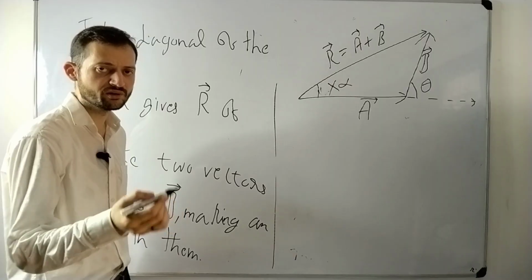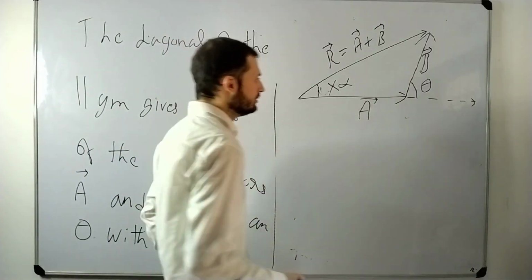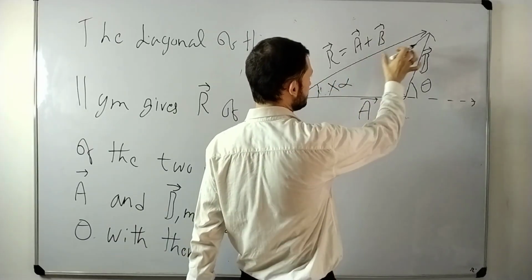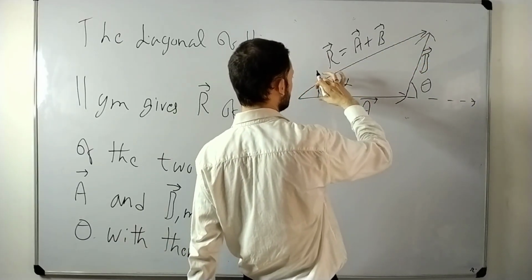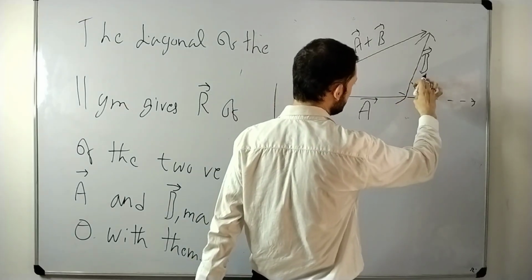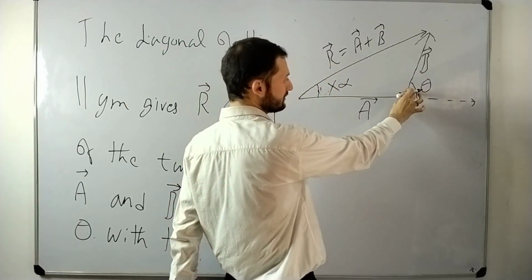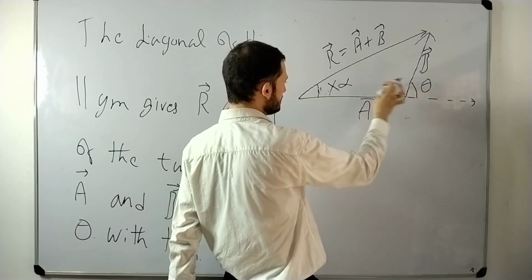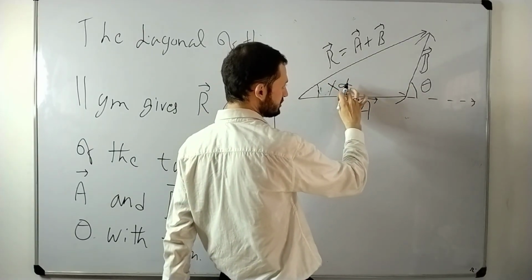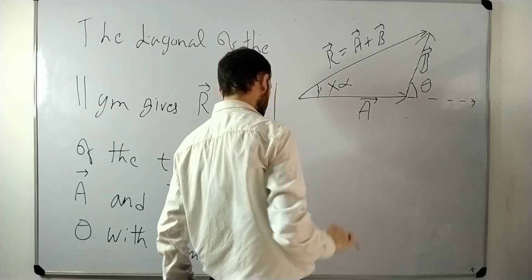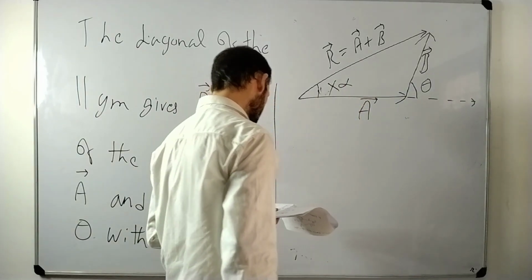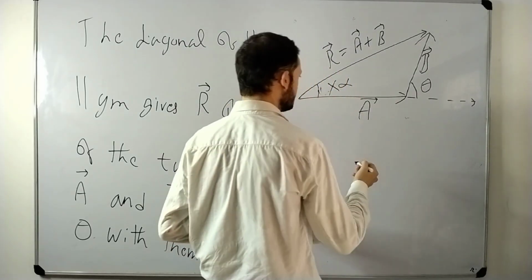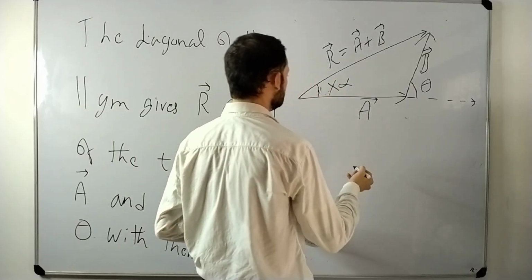How, sir? How you are saying? Because students, the smaller angle would be taken. Now this seems to be large, but this is the larger angle actually in this case. So what should I do? I should redraw my diagram and do what?